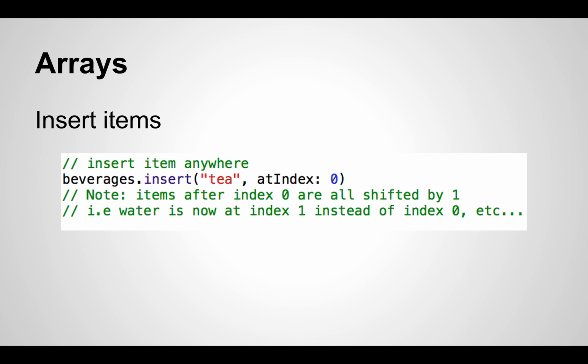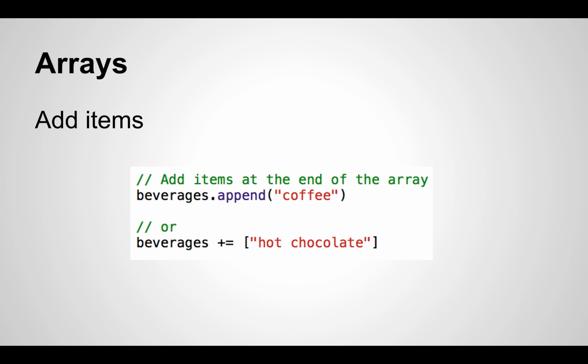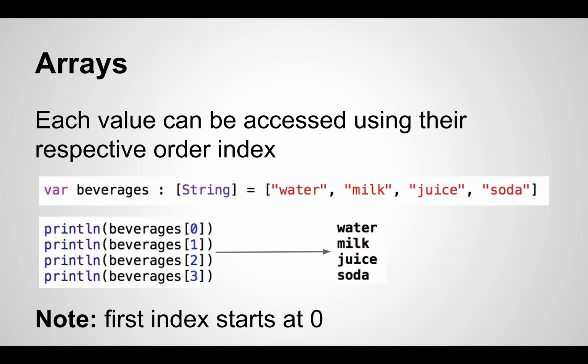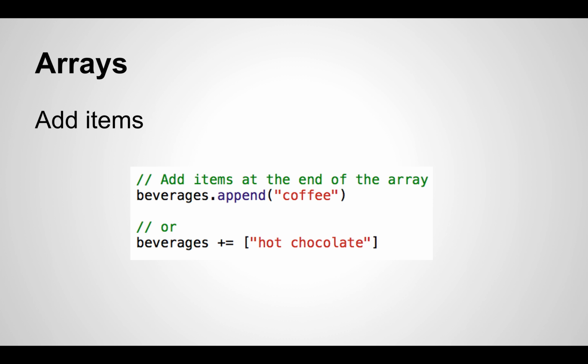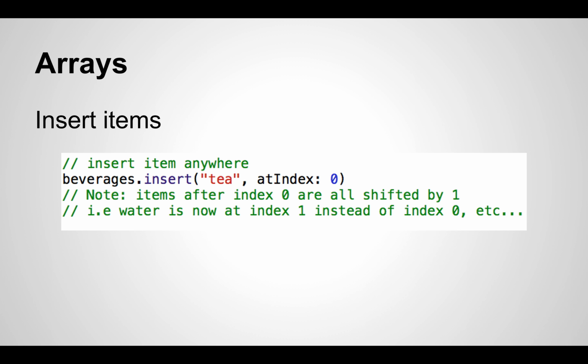All the items that were there, such as water, milk, juice, and soda, have been shifted to the right. So now water is not at index 0. Water will be at index 1, milk at index 2, juice at index 3, and soda at index 4. And index 0 is T.